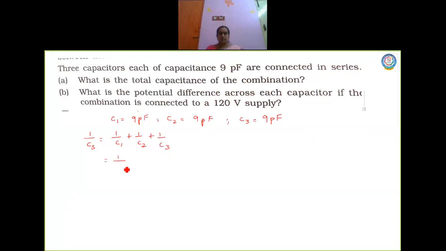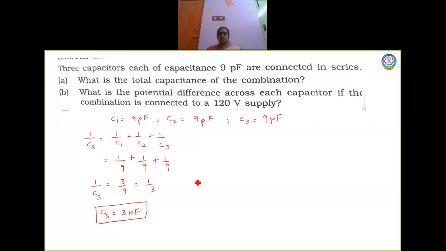Substitute: 1 by 9 plus 1 by 9 plus 1 by 9 is 3 by 9. So 1 by Cs is 3 by 9, which is 1 by 3. So Cs will be 3 picofarad. This is the effective capacitance.